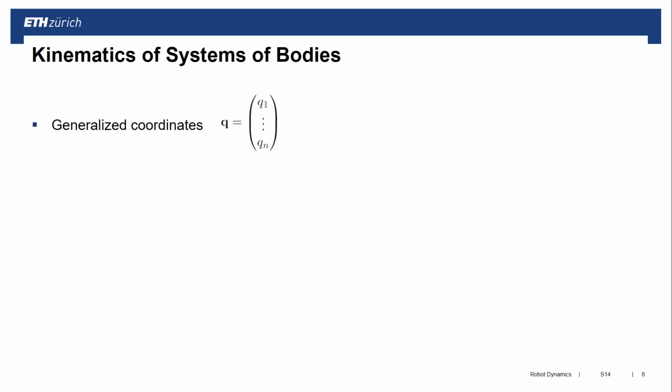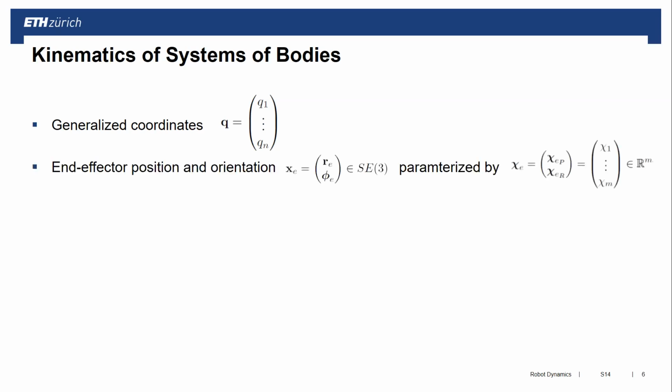Then after this, we moved on with kinematics of systems of bodies. We started here with the generalized coordinate description, so these Qs, which represent the number of degrees of freedom that we have in our system. We looked at how the end effector position and orientation is a function of this Q. So we have a position, we have an orientation, and we again use the parameterizations in order to describe this.